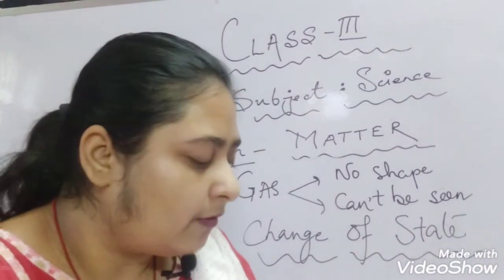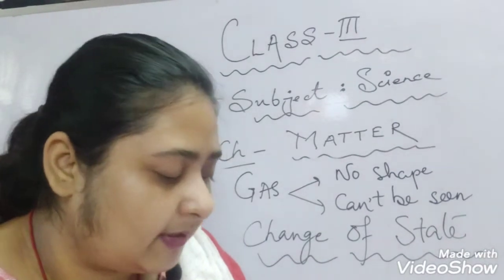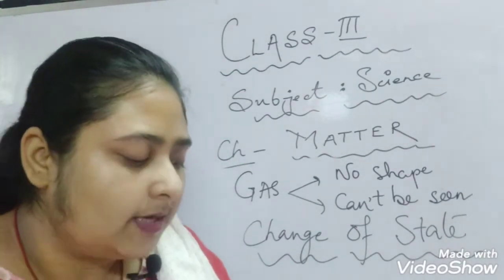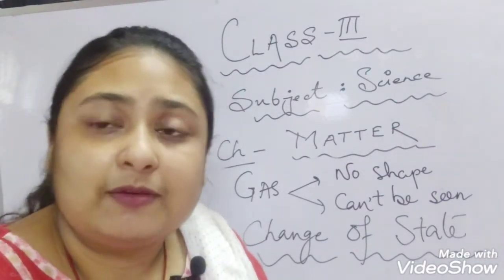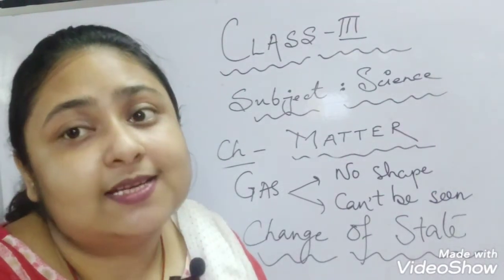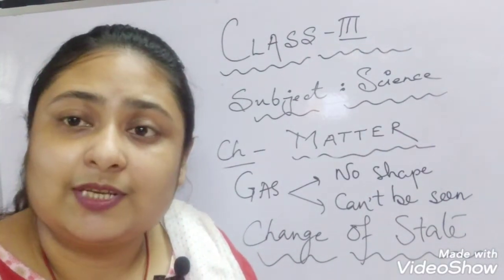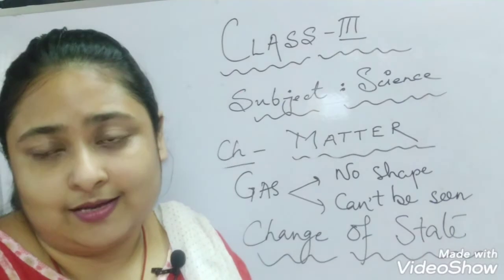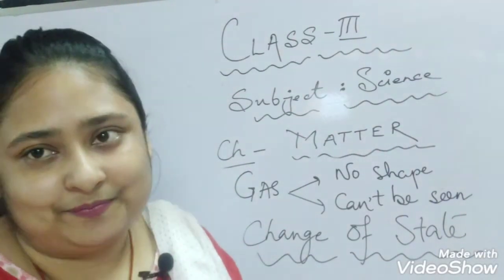The process of change of a solid, that is ice, into liquid, that is water, is called melting. So children, the process by which the solid gets converted into liquid, that is ice gets converted into water again, this process is known as melting.